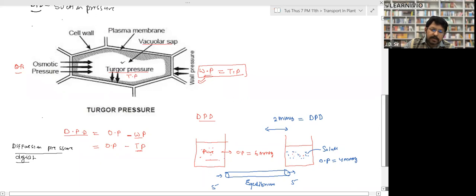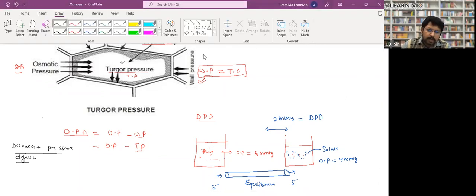And wall pressure and turgor pressure are equal. So here, in place of wall pressure, I have put turgor pressure. We can also say DPD is equal to osmotic pressure minus turgor pressure, right? So go through it and tell me, is it clear or not? And if not clear, then I'll tell you again.